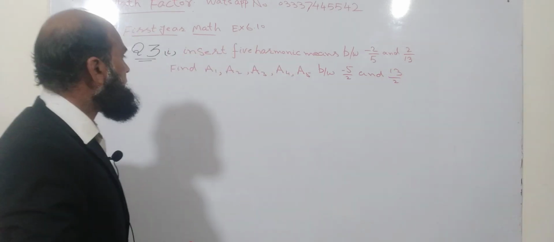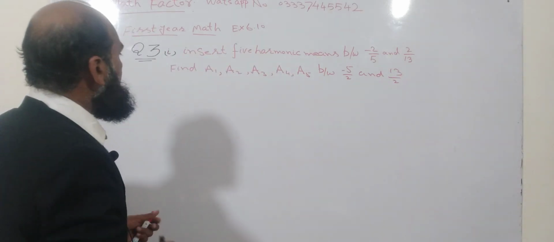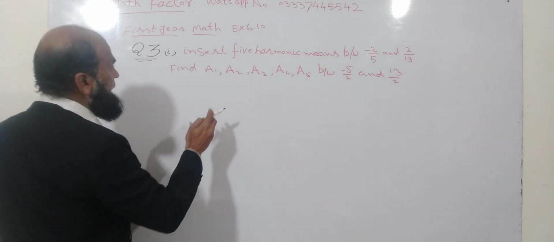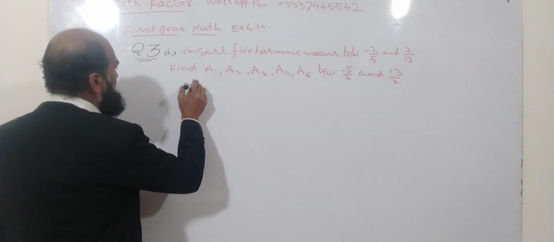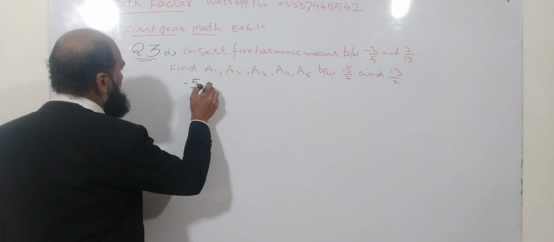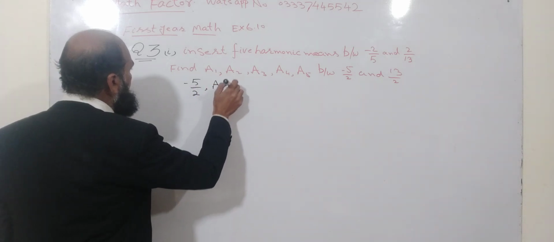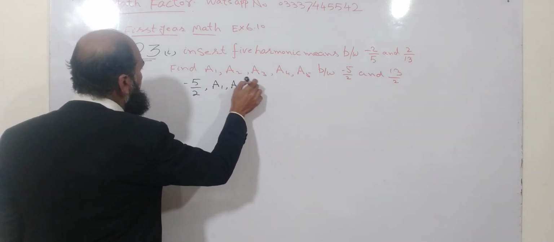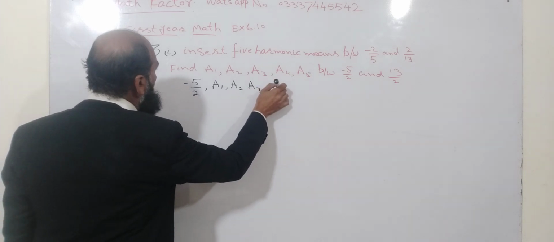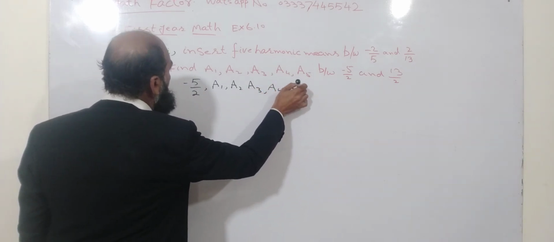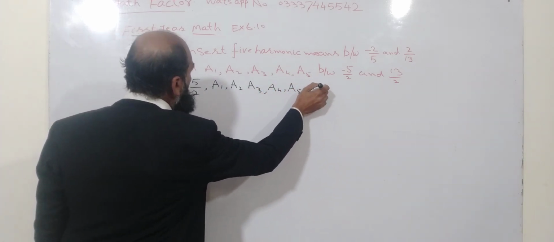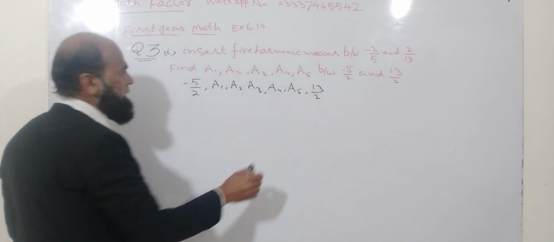Okay? Understand? Now we see here, when we replace minus 5 by 2 at the first stage, next we write here A1, A2, A3, A4 and A5. Next value is 13 by 2.